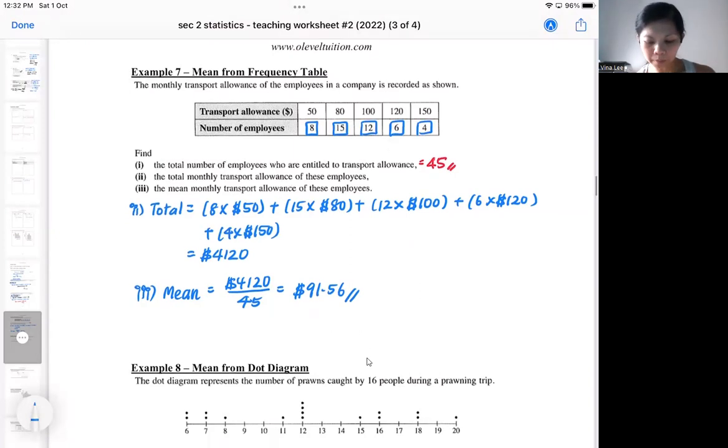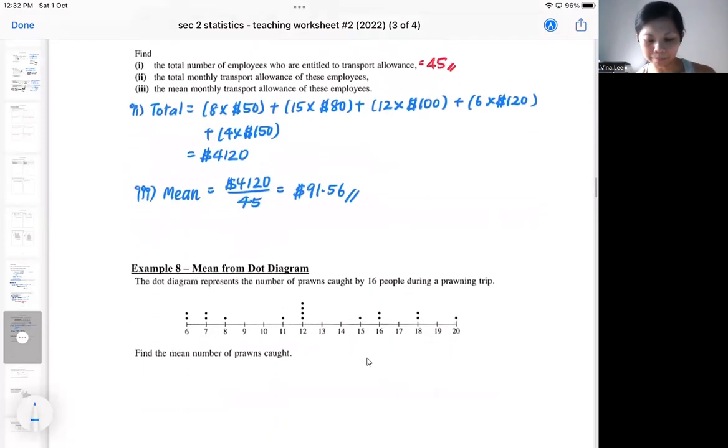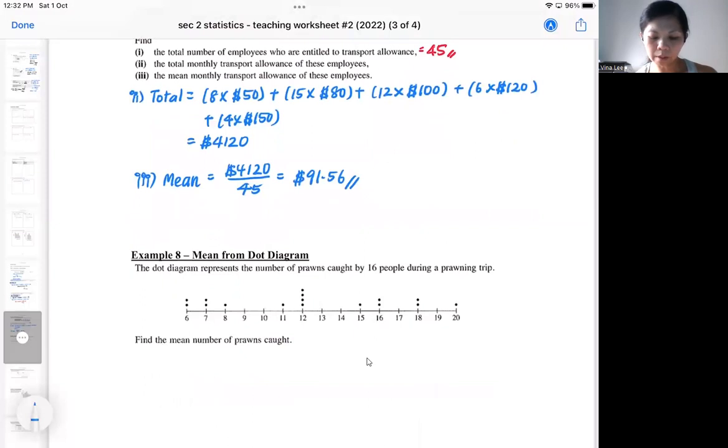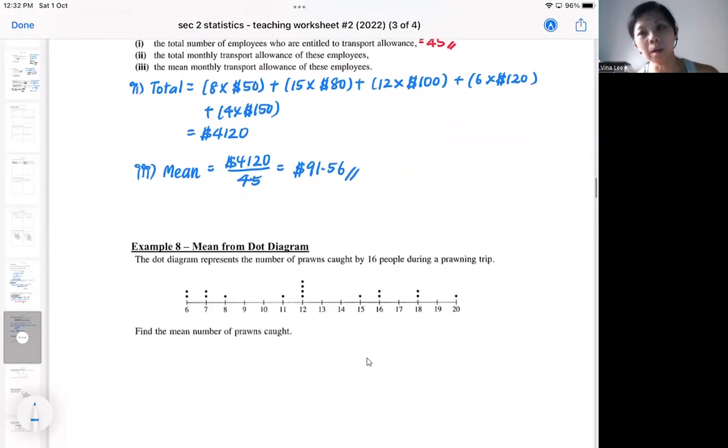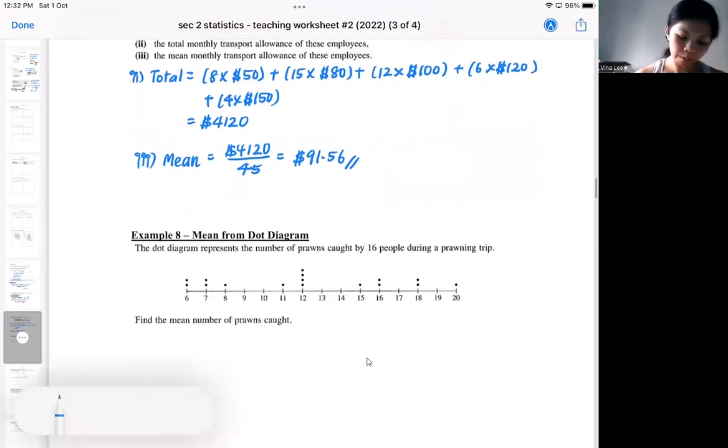So the same interpretation goes for the dot diagram. The dot diagram represents the number of prawns caught by 16 people. So you should find 16 dots. If you would like the average number of prawns per person, I should be finding the total number of prawns first.